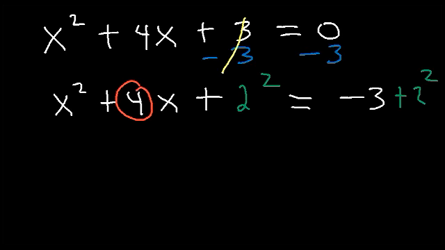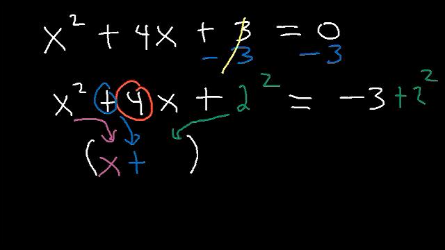Now, on the left side, to factor x squared plus 4x plus 2 squared, which is 4, here's a quick and simple technique that will give you the right answer. It's going to be, pay attention now, x plus 2 squared.